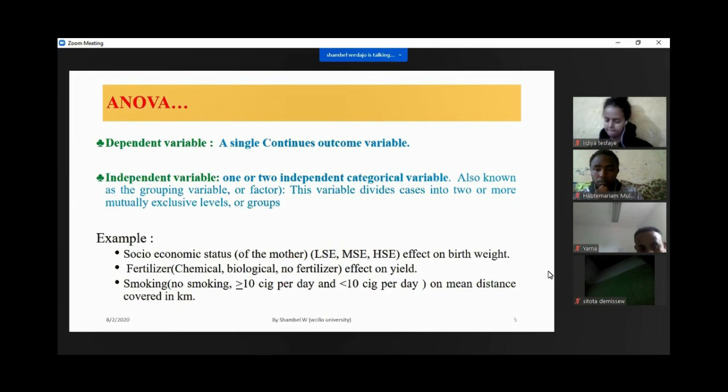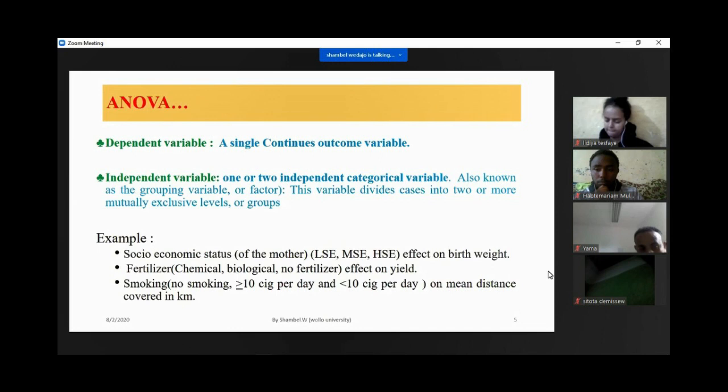We can divide the birth weight into three categories: the birth weight measured from mothers who have low socioeconomic status, from medium socioeconomic status, and from high socioeconomic status. So you have three groups: low, medium, high socioeconomy. The three groups have their own individuals within them.